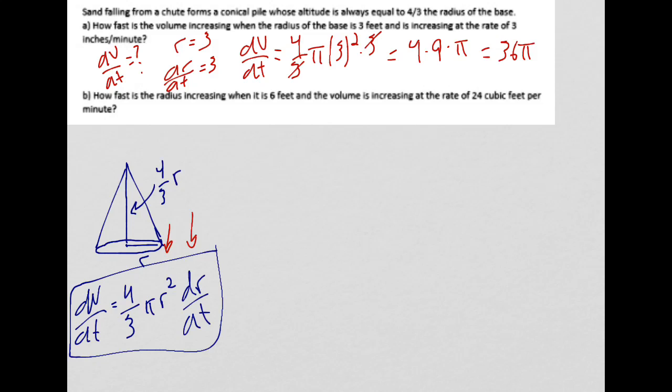Now, whenever I do related rates problems, I want to include units. It says how fast is the volume increasing, so what are our units? Feet cubed per, and our time units are minutes, so per minute. That's my answer for A.